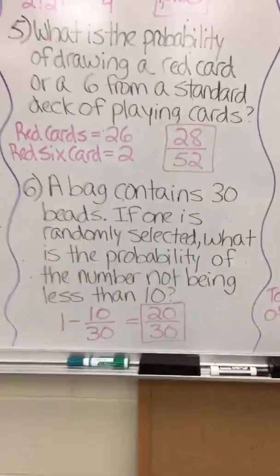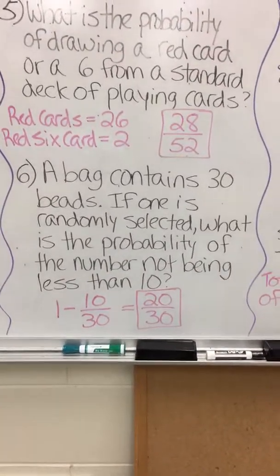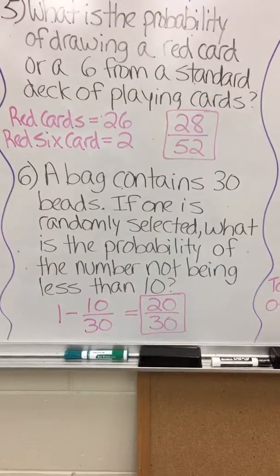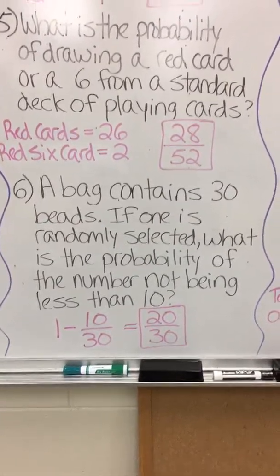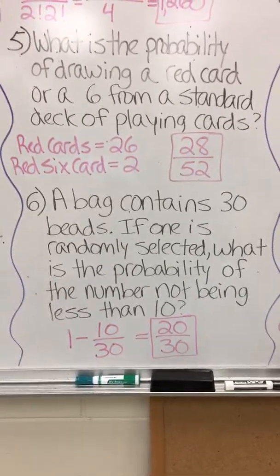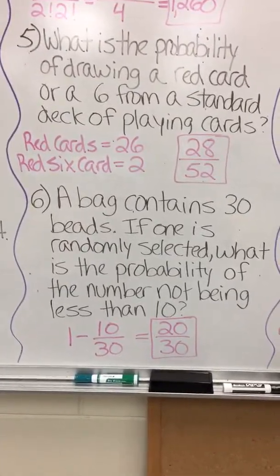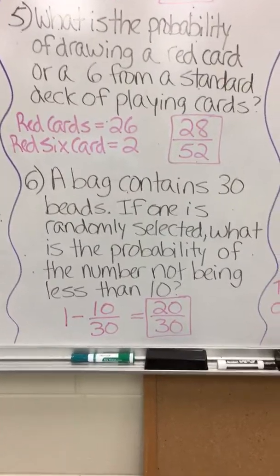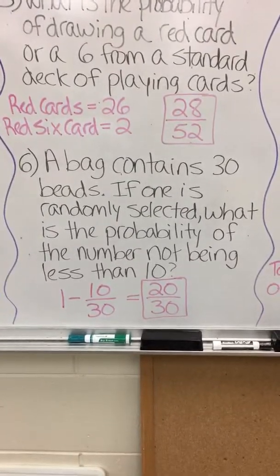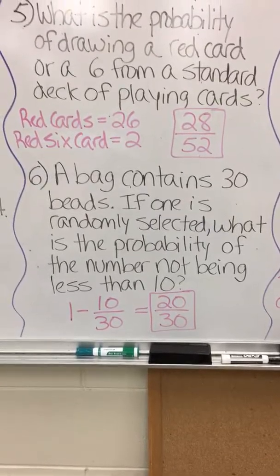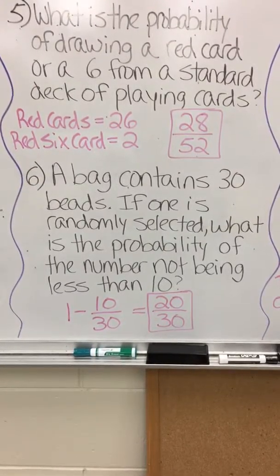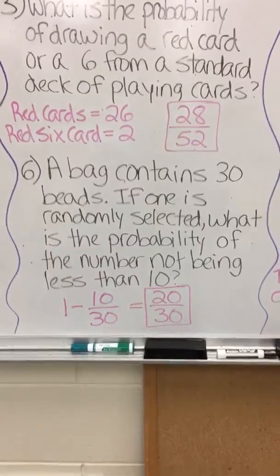Number 6, we have a bag that contains 30 beads. If one is randomly selected, what is the probability of the number not being less than 10? So in other words, they're wanting to know what is the probability of that number being greater than 10. So what we're going to do is do 1 minus 10 divided by 30 because we're trying to take out that factor of them being less than 10 or 10 or less.